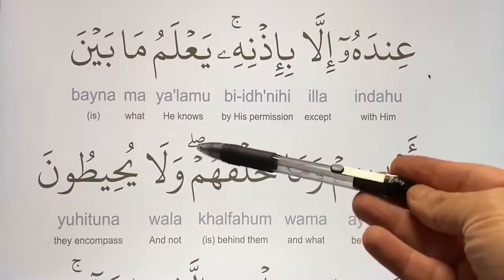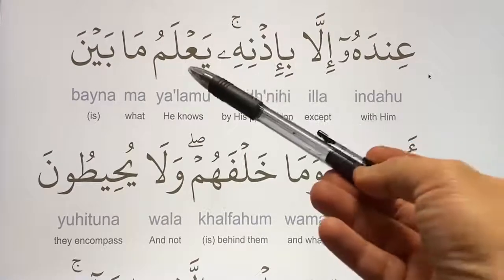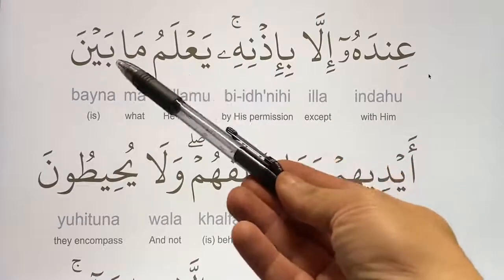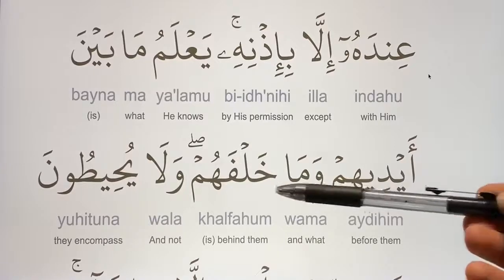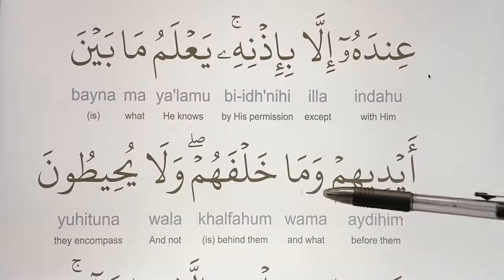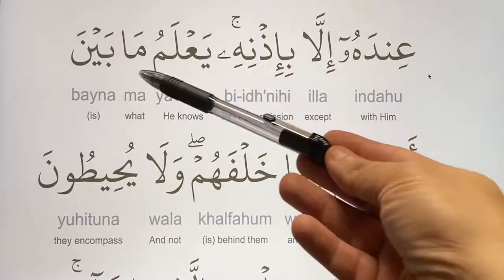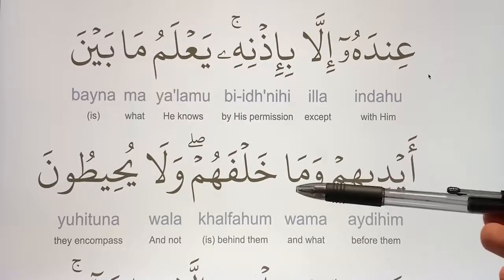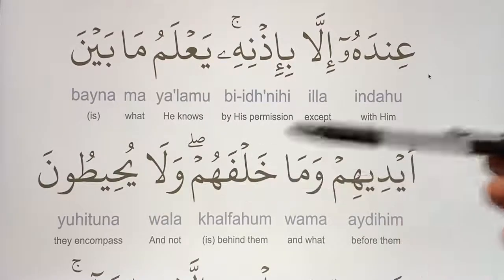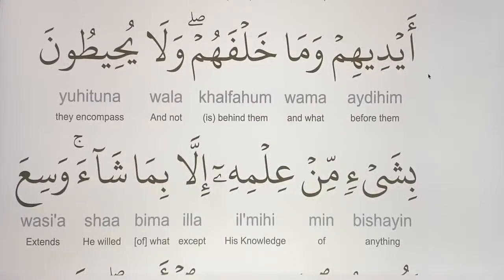Another good place to pause, to be honest, okay? If you want to take a pause there and memorize these next lines, go ahead. يعلم ما بين أيديهم وما خلفهم. If you got that, then you move on. If not, keep reviewing.